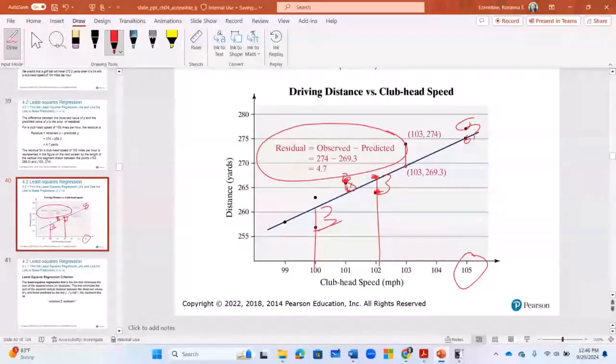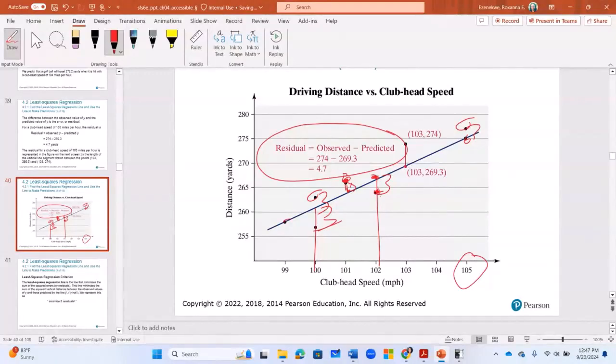If I find the distance between them, I have the residual. So the residual is going to be positive because the scatter plot is above the line. Here again, the scatter plot for 100 is above the line. So the residual right here is going to be positive.